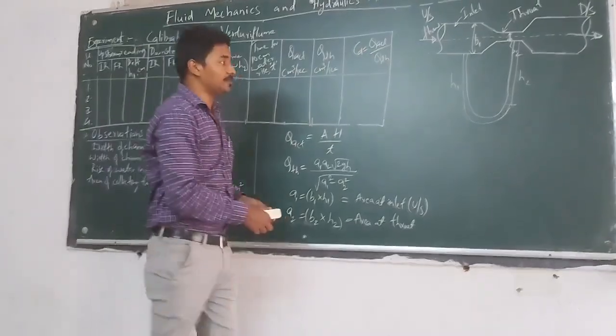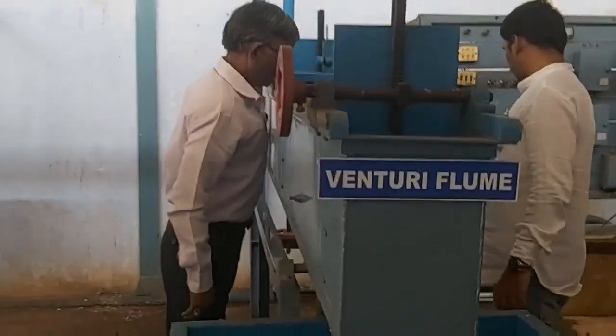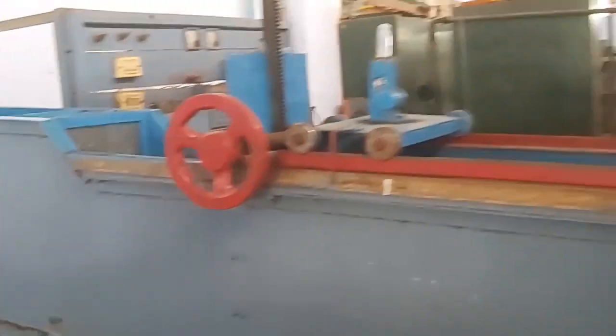That is the experiment. The experiment is Venturiflume, and this is the machinery for it. Here you can see the upstream and the downstream. You can see from inside it is a slant: the upstream is upwards and the downstream is a little down.